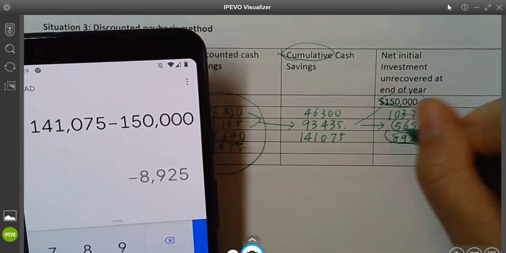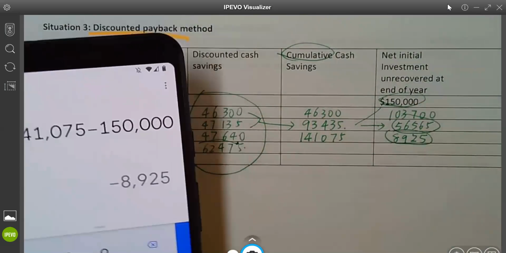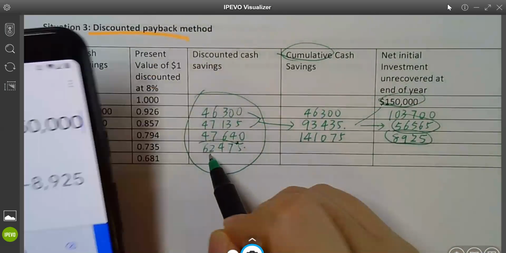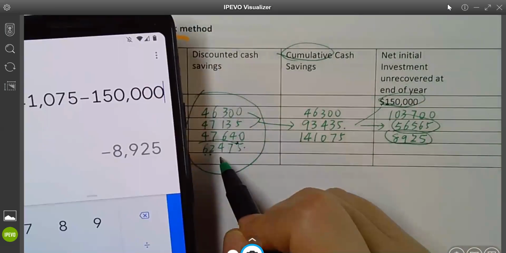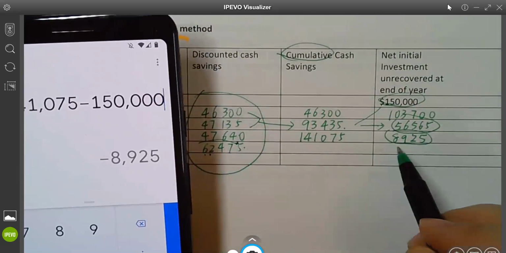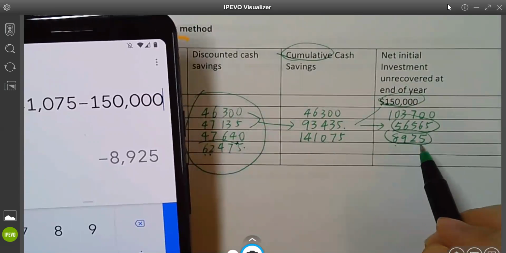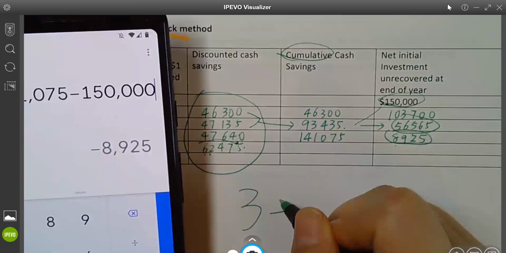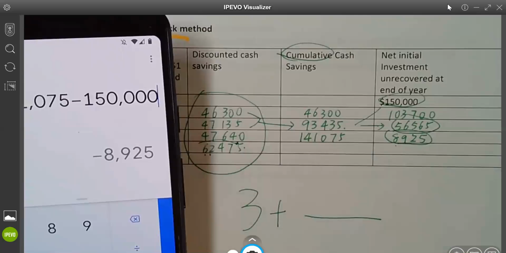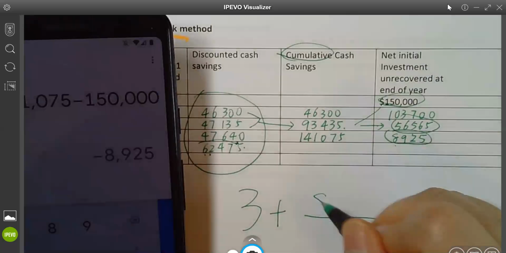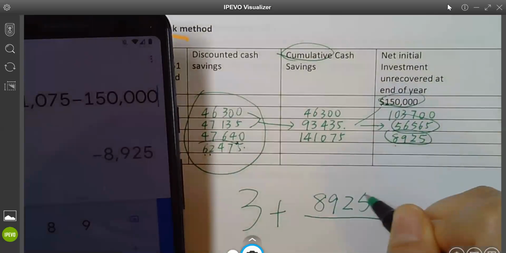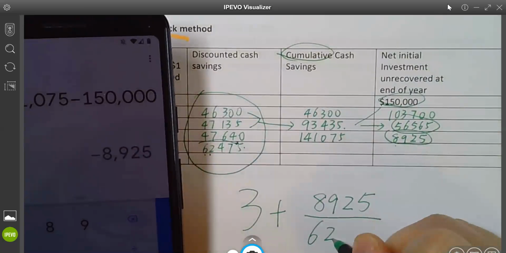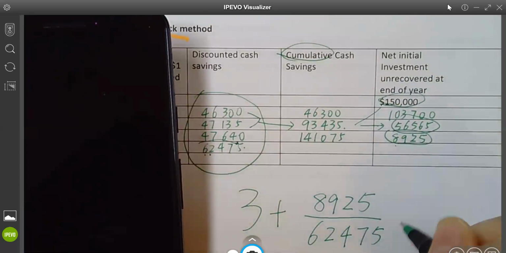So you still owe 8,925. You just owe 8,925. If you wait for the fourth year, you will get 62,475. You say, I don't need that, I just need to get my 8,925. So you have to wait the first 3 years, and then for the fourth year, how long do you wait? You need 8,925 out of 62,475.